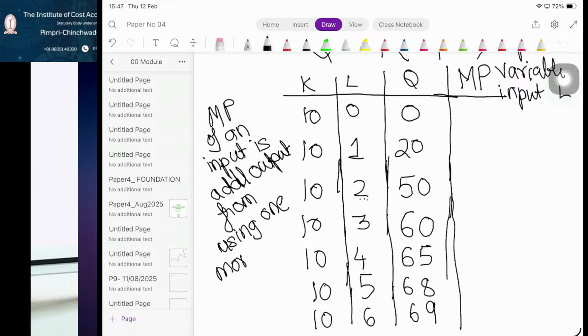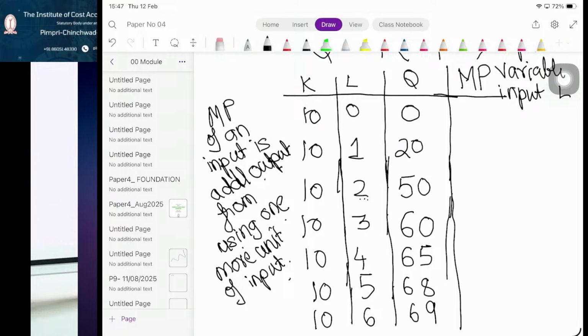One more unit of input. Okay, so marginal product of an input is the additional output from using one more unit of input.